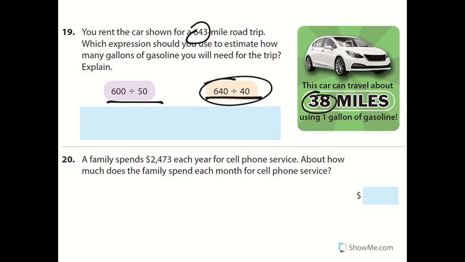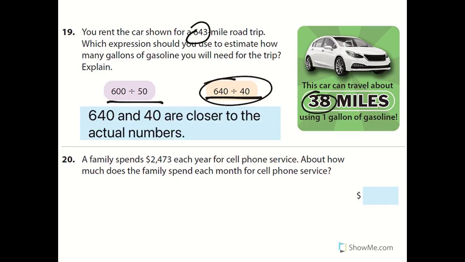I'm thinking this one, and here's my explanation. 640 and 40 are closer to the actual numbers, right? 640 is closer to 643 than 600, and 40 is closer to 38 than 50. That's my explanation. All right, you go ahead, try out number 20, and then we'll go over it.